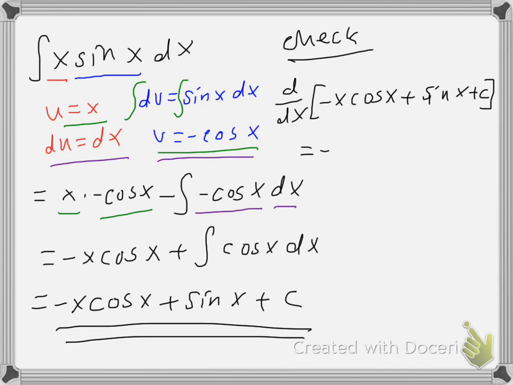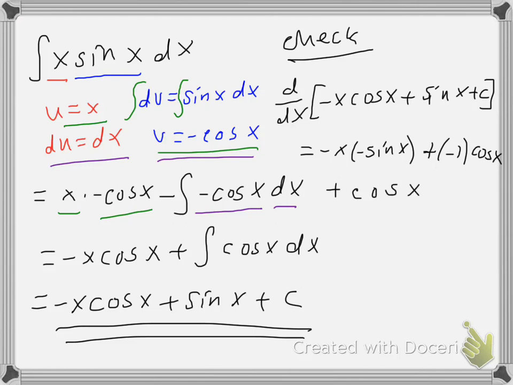So negative x, my derivative of cosine is negative sine, plus derivative of negative x is just negative 1, cosine of x, plus my derivative of sine, which is simply cosine of x.